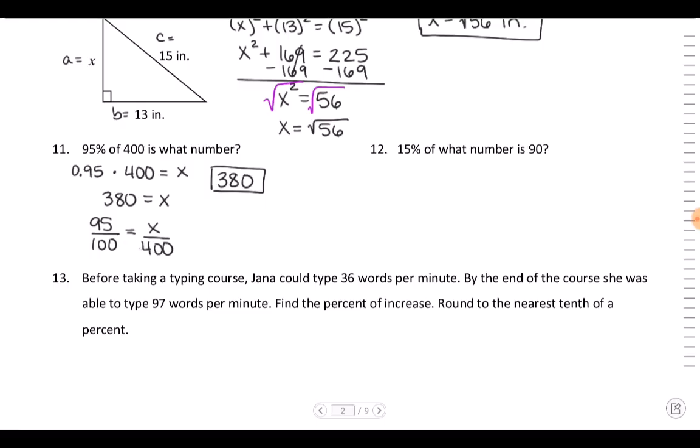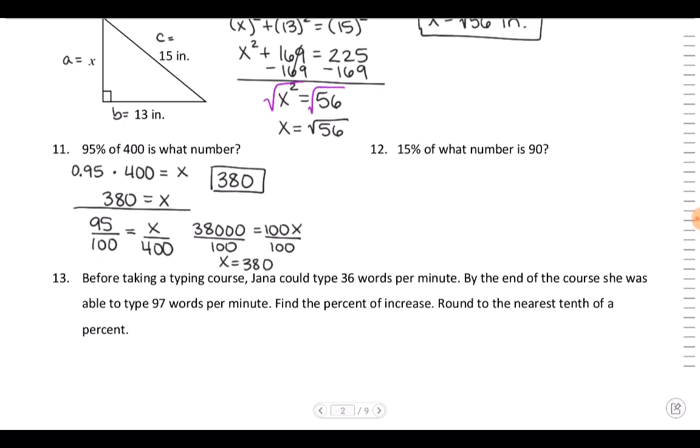So when you cross multiply here, it takes, I think, more steps to do it this way, but you can cross multiply 400 times 95 and you get 38,000 equals 100x, and then divide by 100. And so then x equals 380 that way as well.